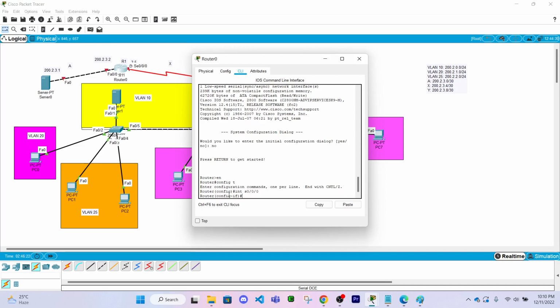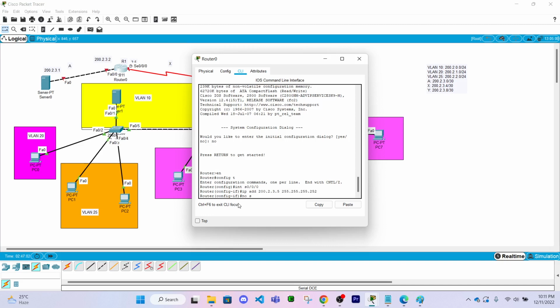Enter, then IP address is 200.2.3.5. Enter, and 255.255.255.252.